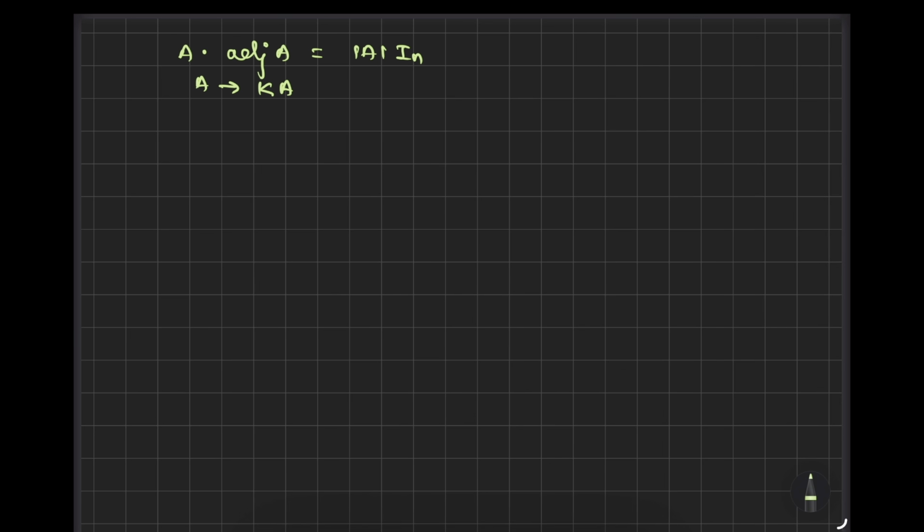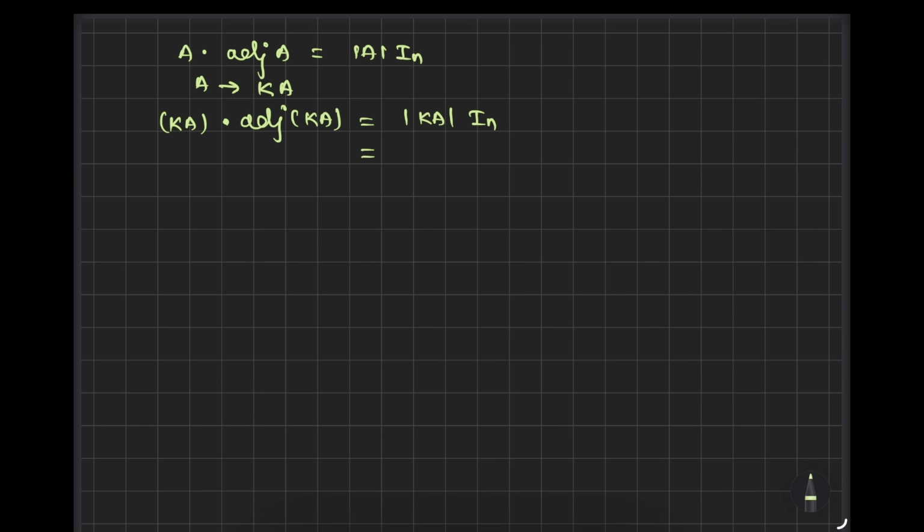Now this thing will become what? K times A, K is a number, times adjoint of K times A, equals determinant of K times A, I n. Now if you observe this part, you know that K is a number.